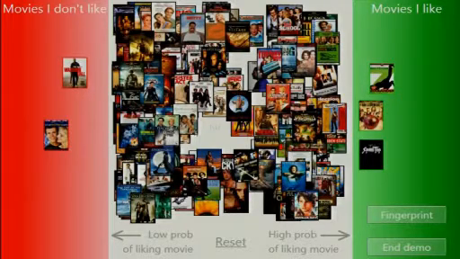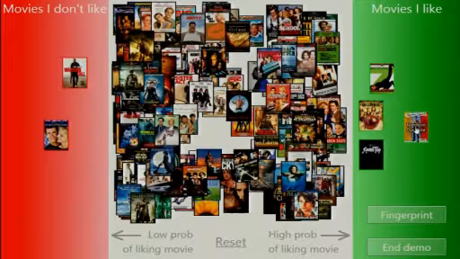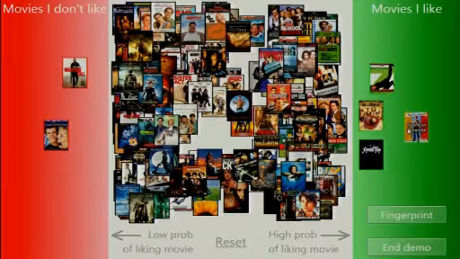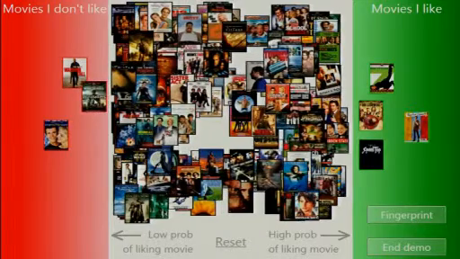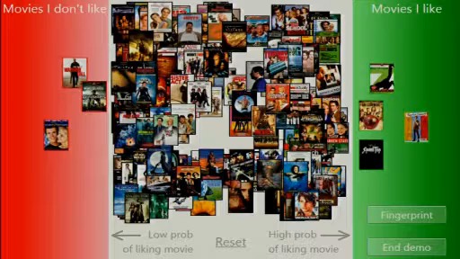Now, if I take this movie here, it's predicting that I'm going to really like Napoleon Dynamite. So if I say, yes, in fact, I do like that, nothing moves very much because I didn't tell it anything new. Similarly, it predicts that I won't like Windtalkers, and if I move that there, not much happens because it already knew that.